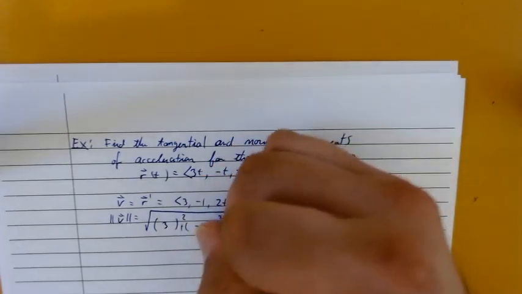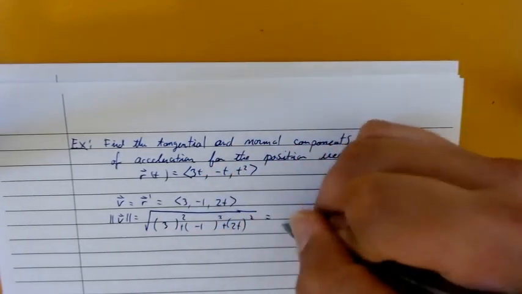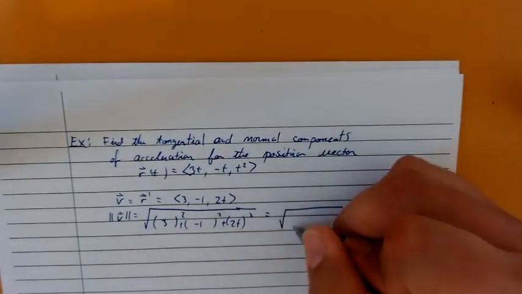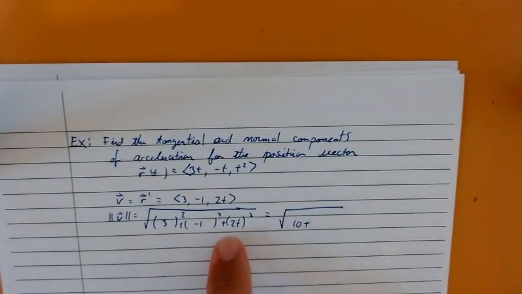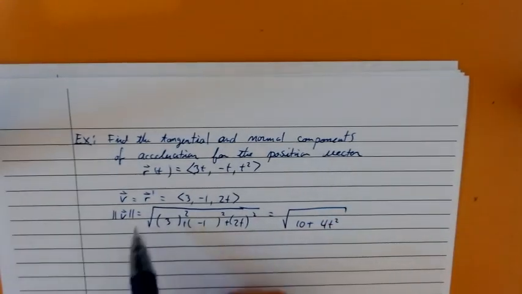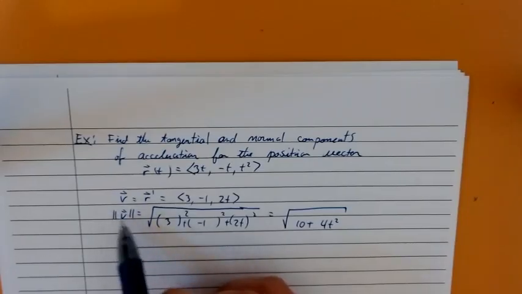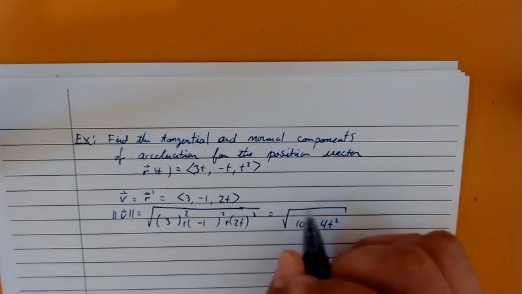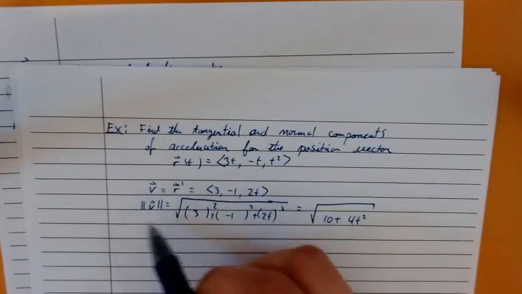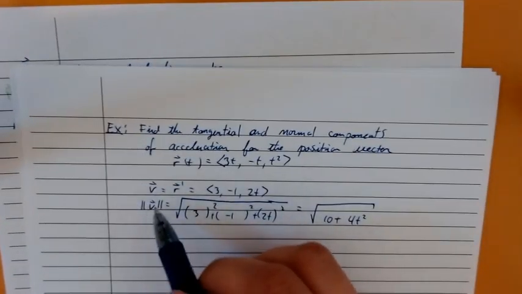That's a 3, a minus 1, and a 2t, which is going to be the square root of 9 plus 1 is 10, plus the square of 2t, which is 4t squared. So there's our speed. Notice we don't have any particular value of t. That's why earlier I made the mistake and I corrected, and I said, oh, the derivative of this would be 0 because it's a constant. Wait, no.